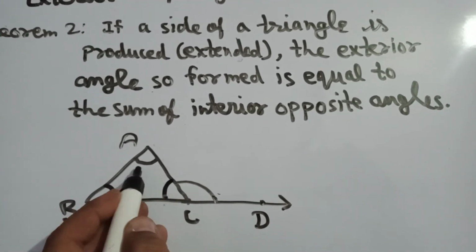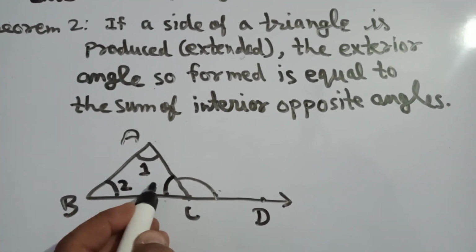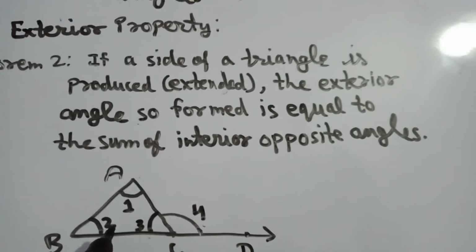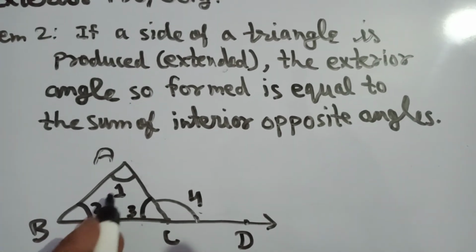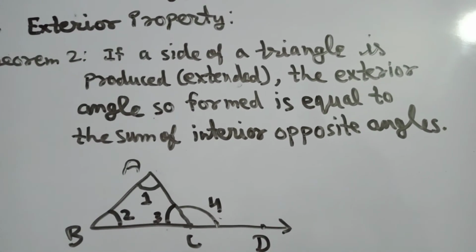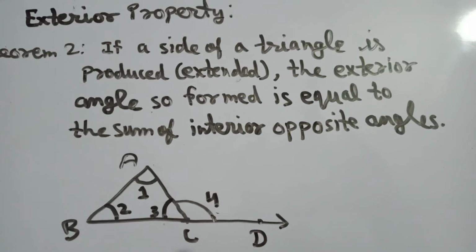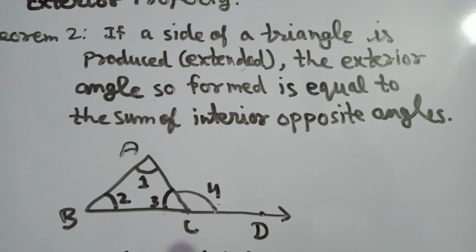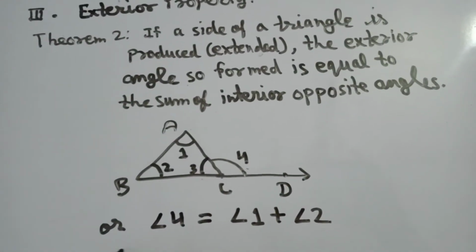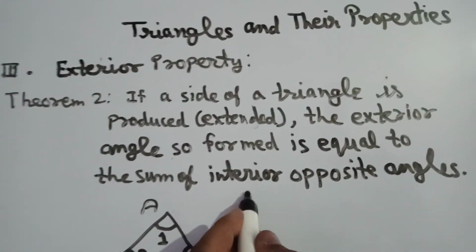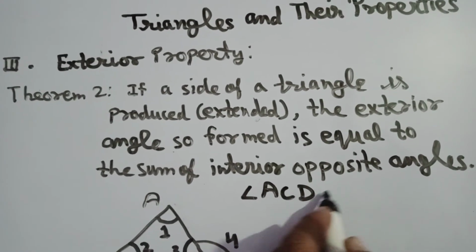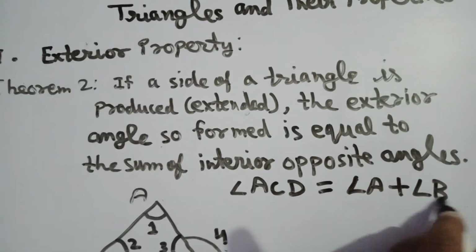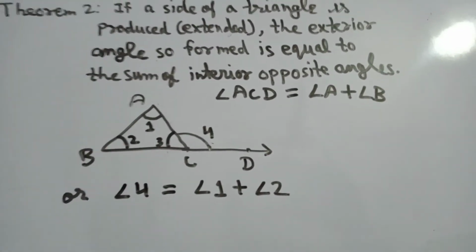These are the interior angles, angle 1, angle 2, angle 3, and this is the exterior angle, 4. So angle 4 is equal to angle 1 plus angle 2. Angle ACD is equal to angle A plus angle B. We need to prove this.